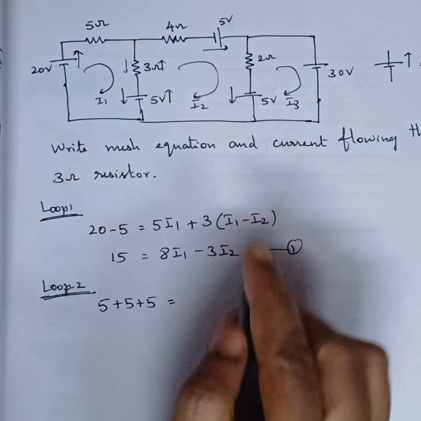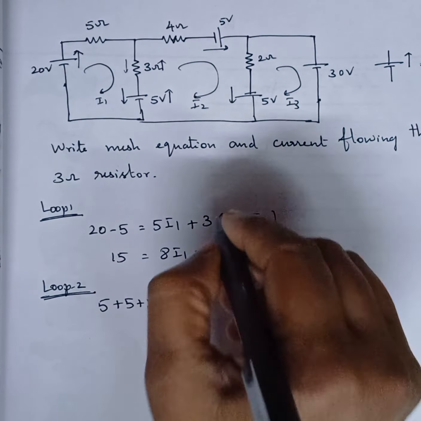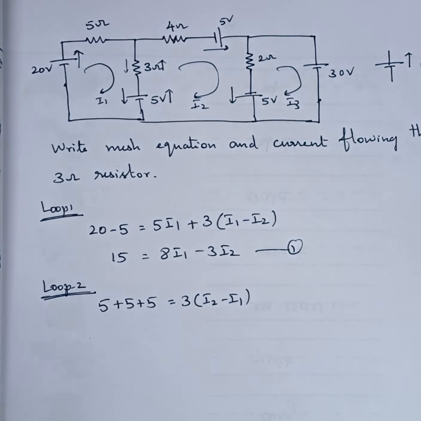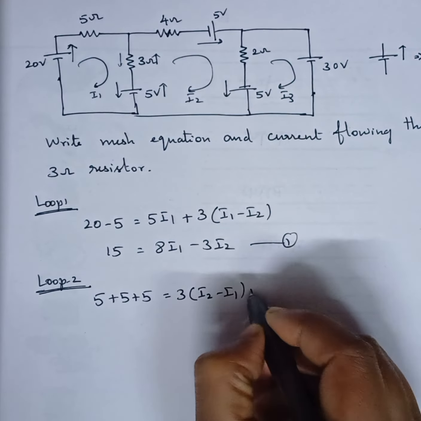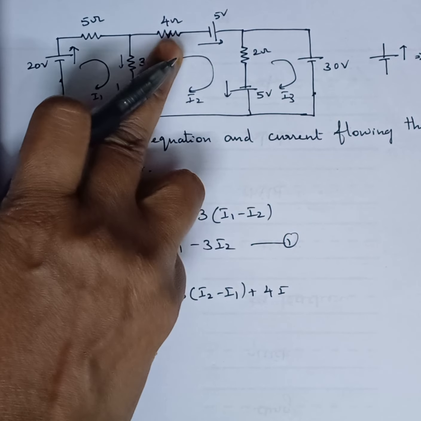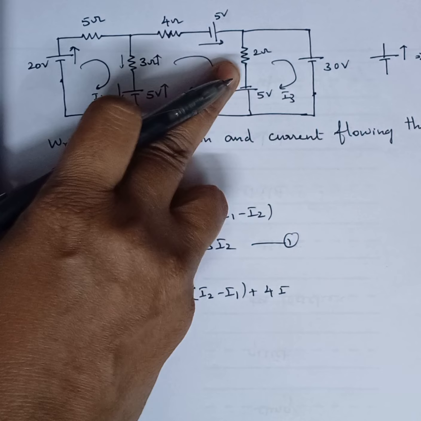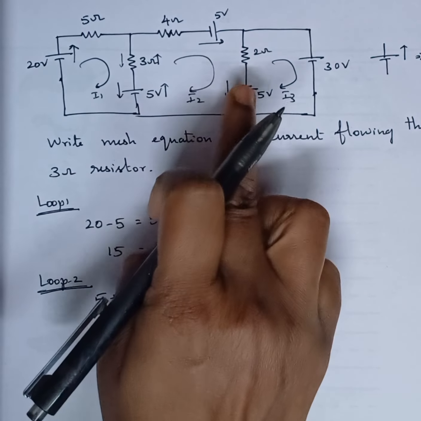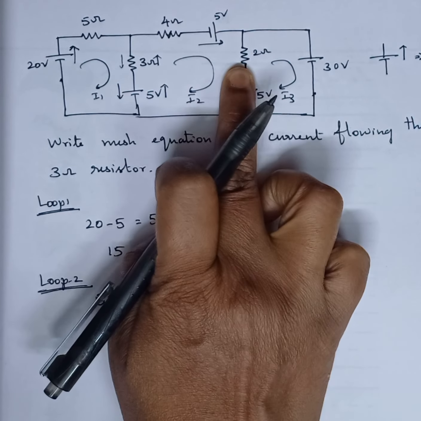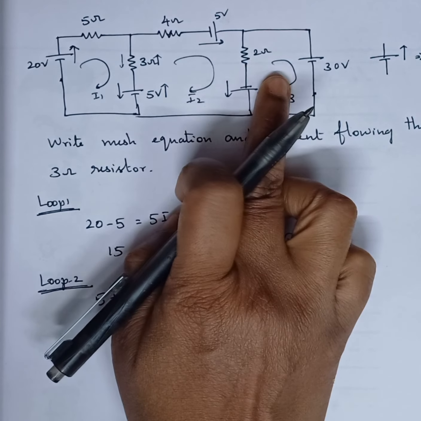Then for this 3 ohm resistor, now what we are taking is the second loop, so how to write: I2 minus I1, correct. Then plus 4, for this one only I2 flows in this resistor. For this resistor, as it is common to loop 2 and loop 3, current flow will be the difference or addition of these two currents.